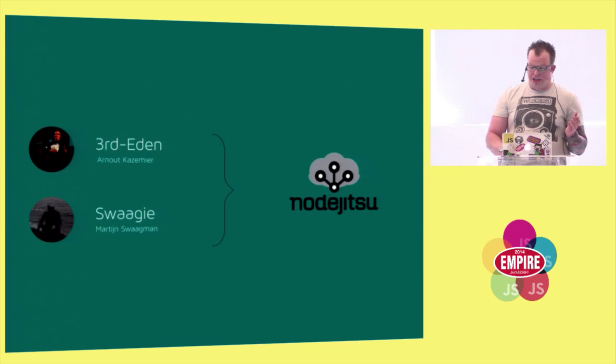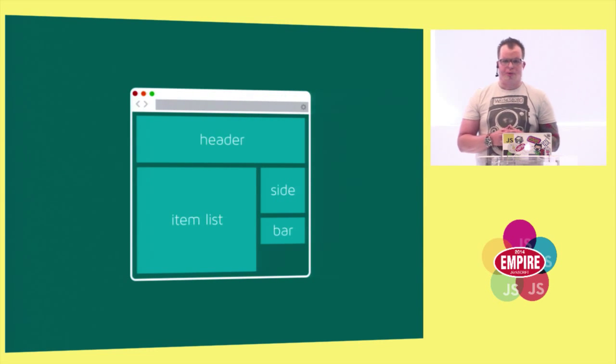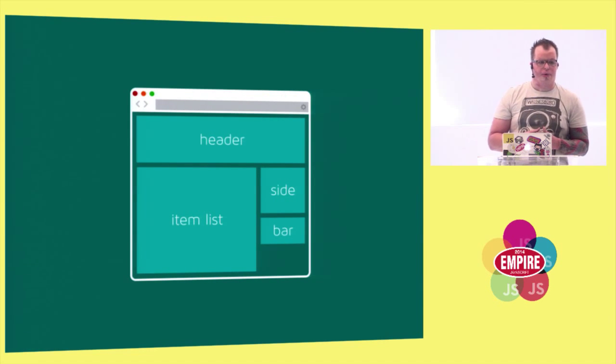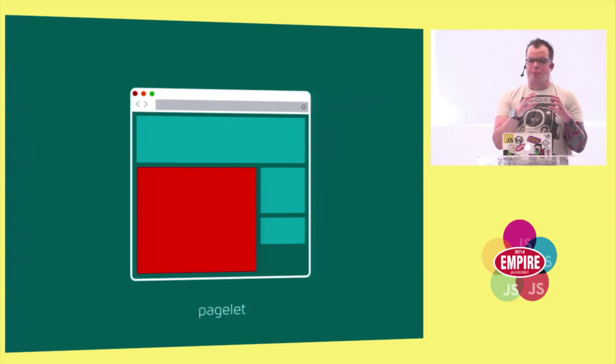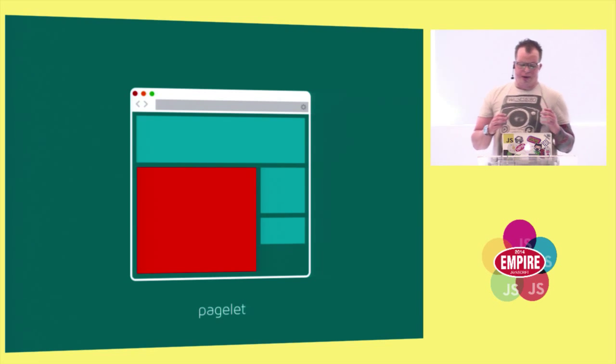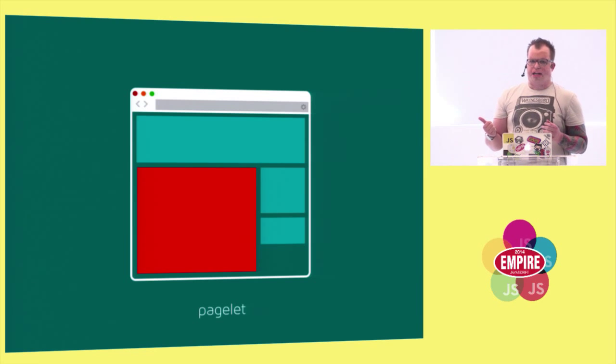And we basically just assume that you have a layout which is divided in sections that you can reuse. So most sites have a header and a sidebar and some item lists. And all these things are really just small components of your site. They have their own CSS, they usually have their own JavaScript functionality and their own HTML.